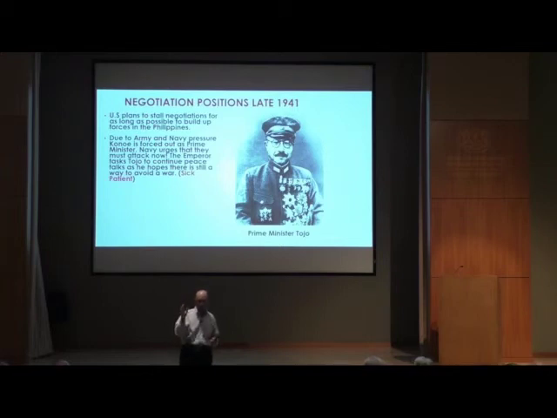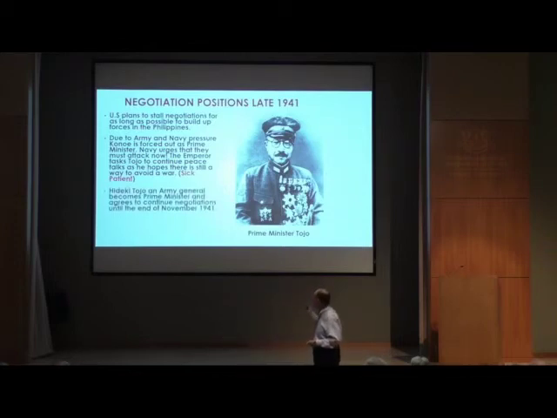The Japanese empire is so sick because of the problems with the United States embargo that it is going to die. But there's a slim chance that we can save the country if indeed we have this operation. And of course, that operation will be war with the United States. Tojo becomes prime minister. He agrees to continue negotiations until the end of November 41.